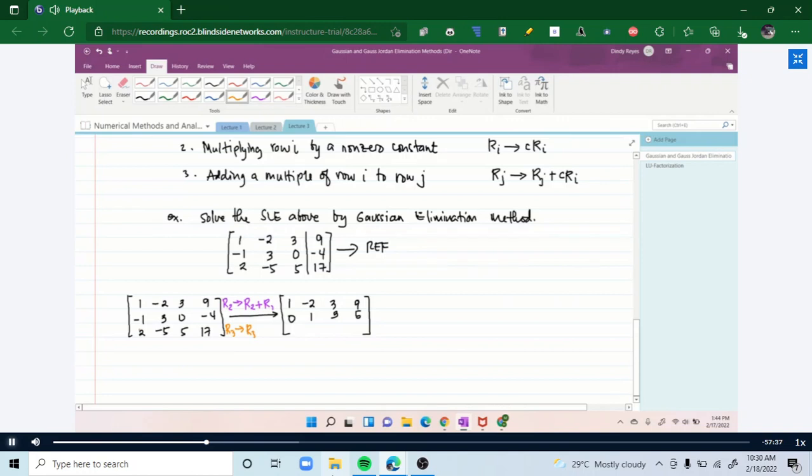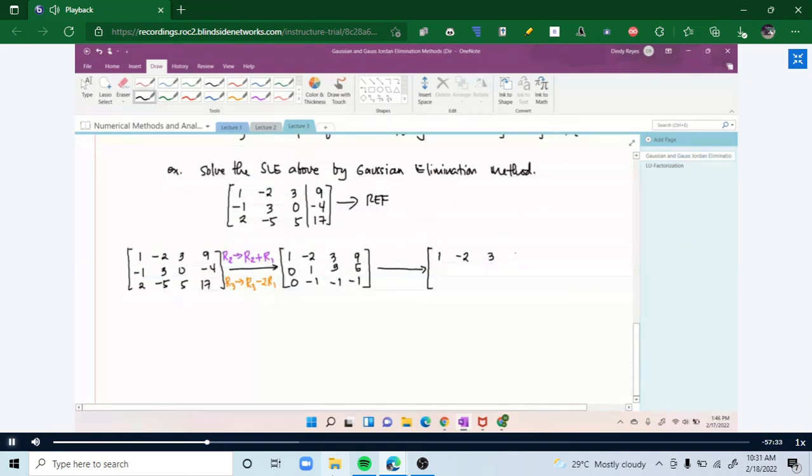We make a 0, so we will not be changing anything with the first and second row. 3, 9. So this will be 0, 1, 3, 5. Right? So we'll change R3.